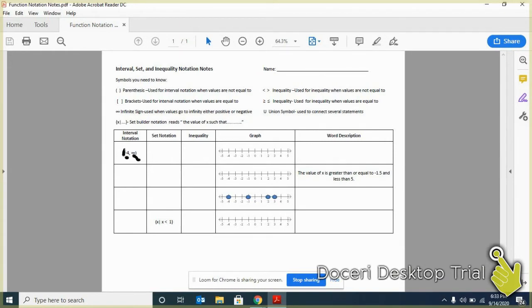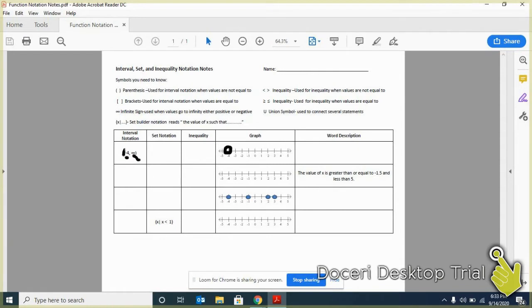So if I wanted to write this, first of all, I'm going to graph it so you can kind of see what that means. It means that we're going to have an open circle at -4. Let me see if I can make this thinner. Yeah, looks better.